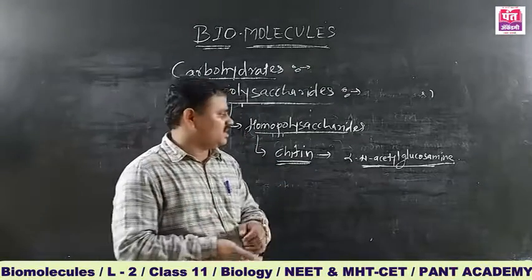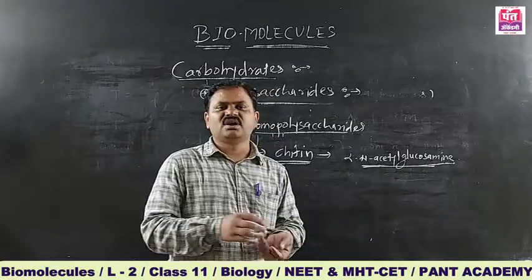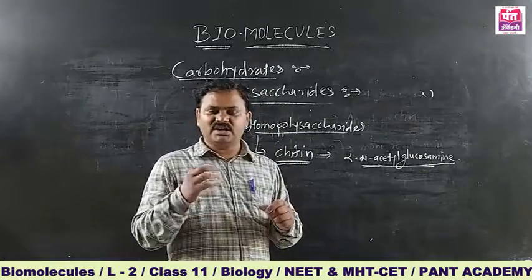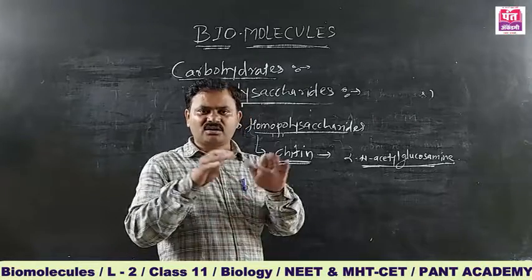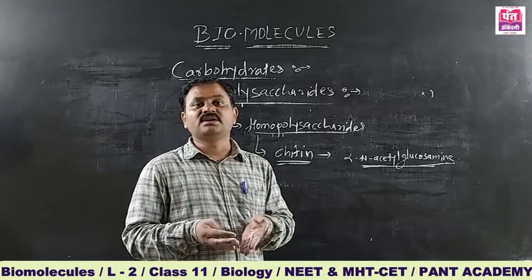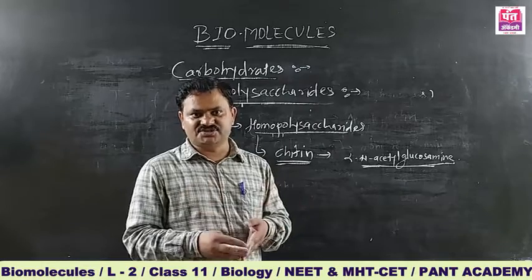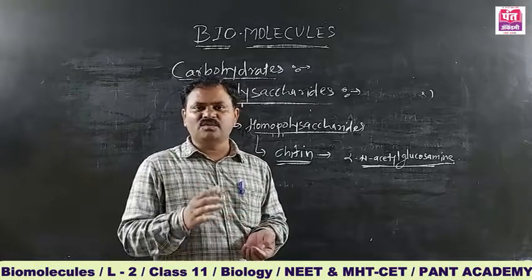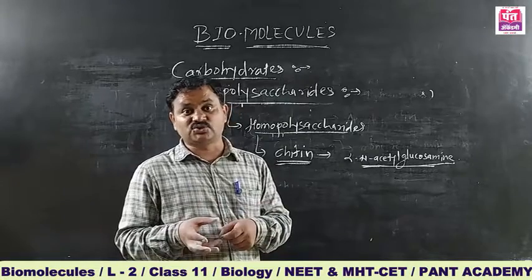and this chitin is therefore a very hard structure. It is also a structural homopolysaccharide, and it forms a hard cover present on the body of insects and crustaceans such as crabs and cockroaches. The body of a cockroach is covered with an exoskeleton.